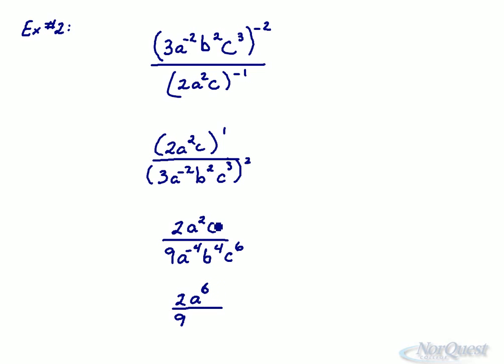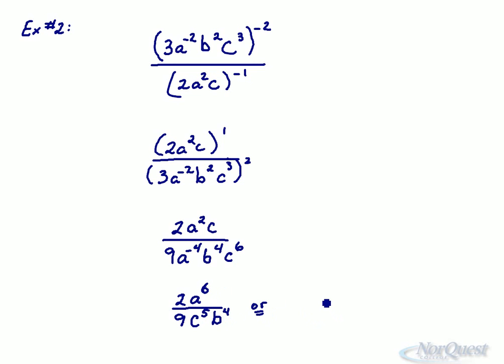C on positive 1 subtract 6 will give you c to the negative 5, or we can move it down to the bottom and write it as c to the 5. And there's no b on the top, and we're still left with a b on the bottom, b to the 4th.